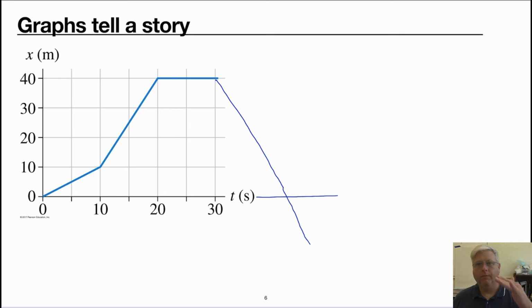If we want to change speed, we have to do some sort of acceleration if we want to increase our speed, or deceleration, or negative acceleration, which we could call slowing down. So we don't actually see this in here. And what you'll see in your lab is that it's going to be more of a curvy kind of thing happening, and not just a nice straight bang. That just doesn't happen in real life.